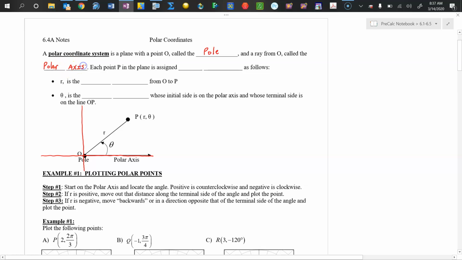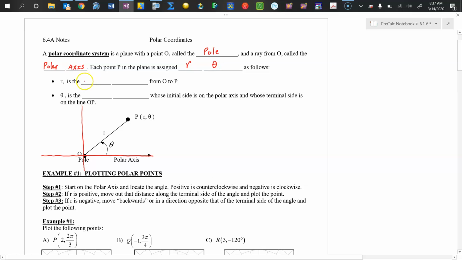To locate points using a polar coordinate system, we have to specify r, which is the directed distance from the pole, and theta, which is a directed angle from the polar axis.